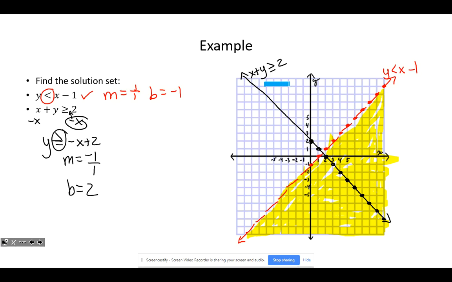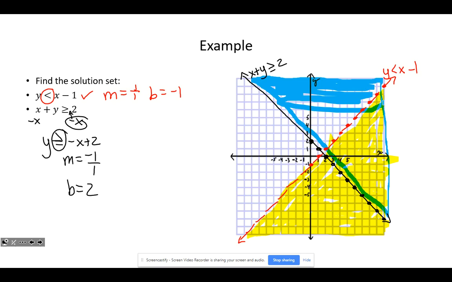So now I'll shade in this part, and as you can see, look what happens when I run into the other inequality's solution set. That part turns green.